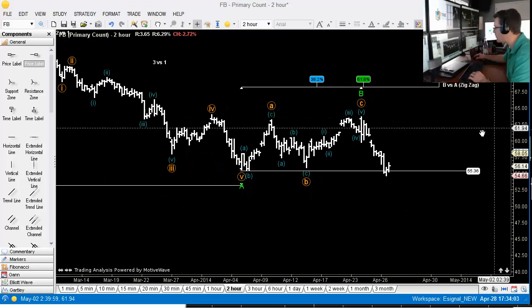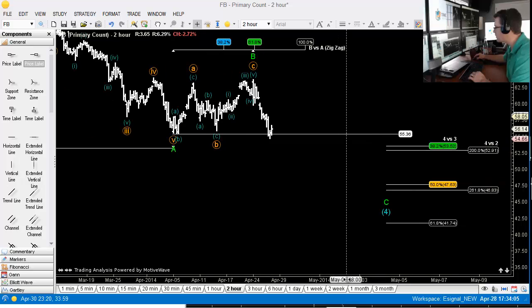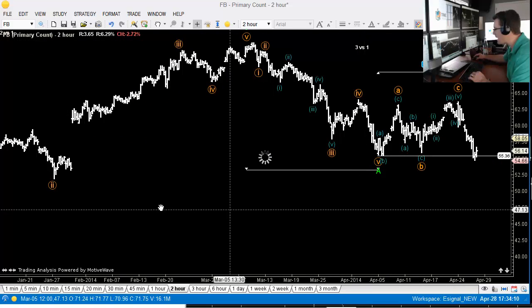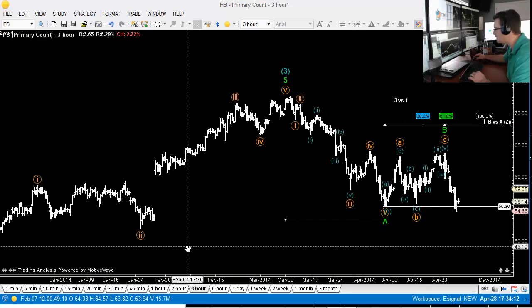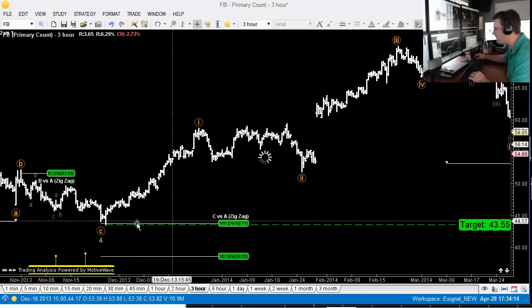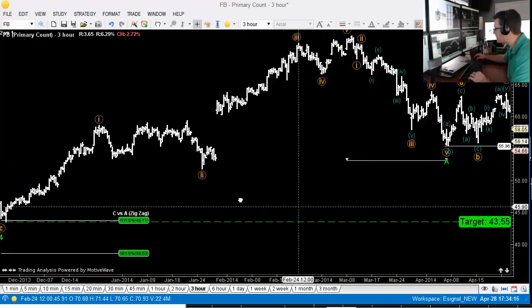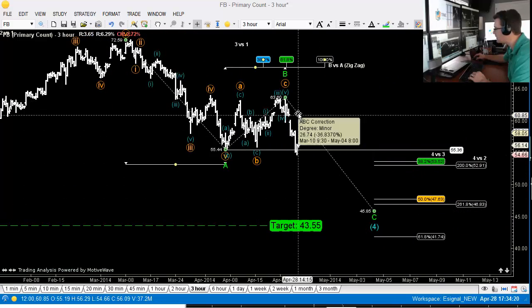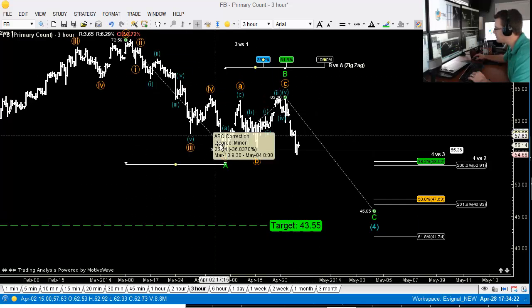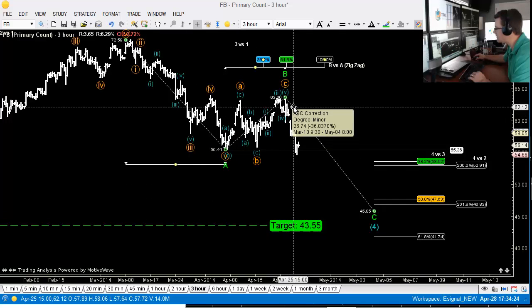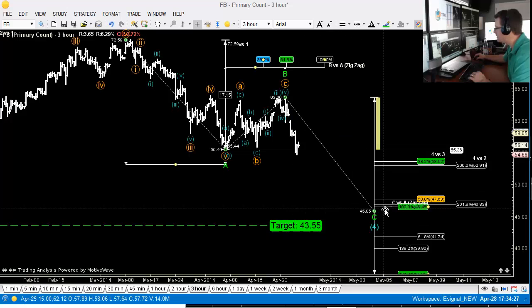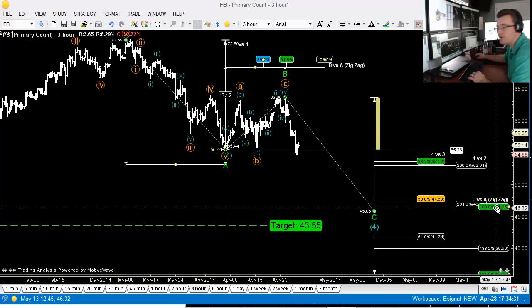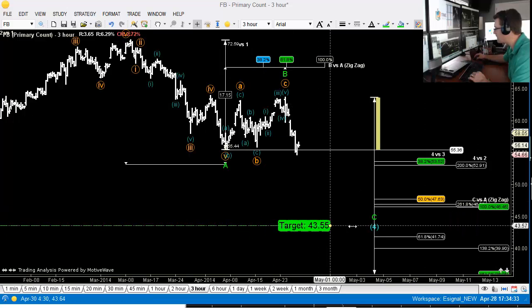I think we're now breaking down in a C wave, which should test an old low back here on 43.55 from November 13th. Okay, so this should be the C wave, and if we just do a little calculation, distance traveled in A compared to distance traveled in C, that gives us an initial target of $46.45, and then we'll get down to 43.55.